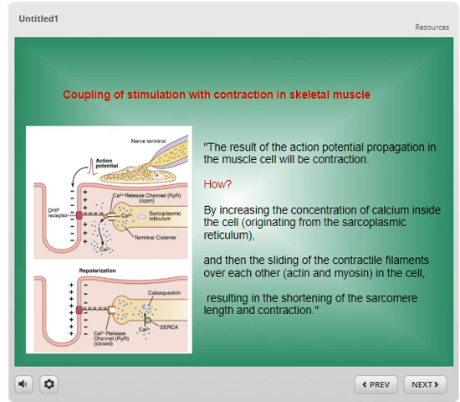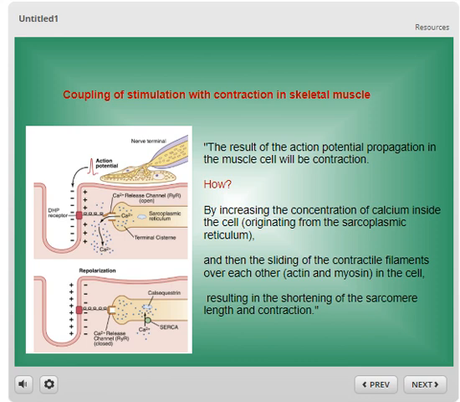This action potential stimulates the sarcoplasmic reticulum, an organelle that stores calcium ions. The depolarization caused by the action potential results in the opening of calcium channels in the sarcoplasmic reticulum, leading to a rapid increase in intracellular calcium concentration.